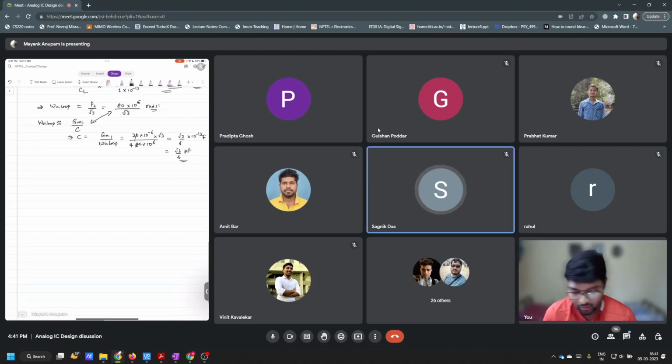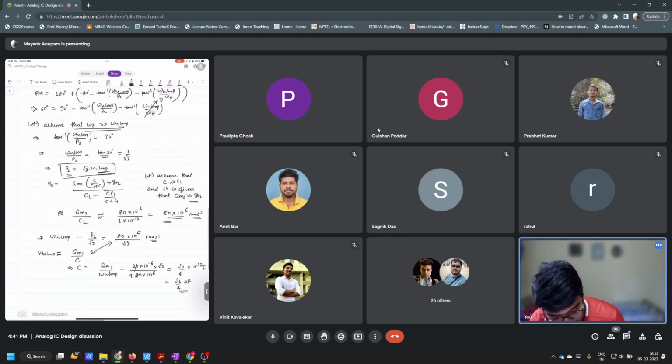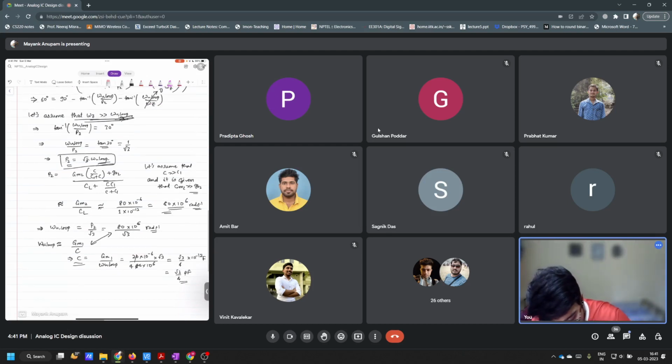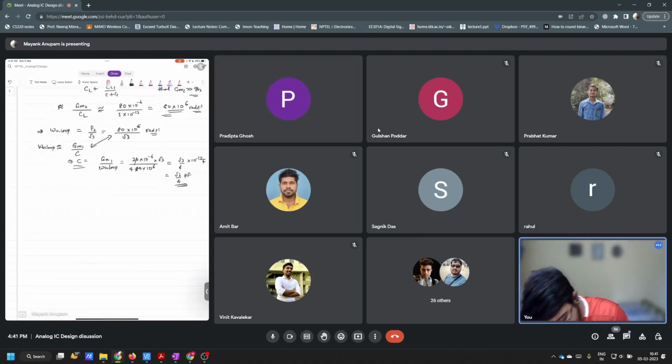Yes, sir. Okay. Now I made some assumptions while calculating this value of C. The first assumption was that omega Z is much greater than omega u loop. The second assumption was that C is much greater than C1. Now this is the value of C, and what is C1? 10 femtofarad, right?